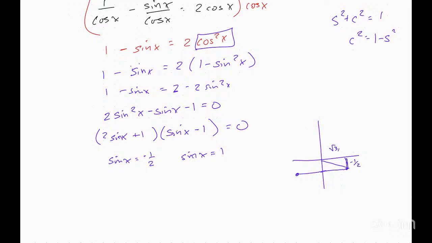And so those two values were pi over 6, negative pi over 6, which is 11 pi over 6, and 7 pi over 6. Did I do that right? So there are your answers, 7 pi over 6 and 11 pi over 6.